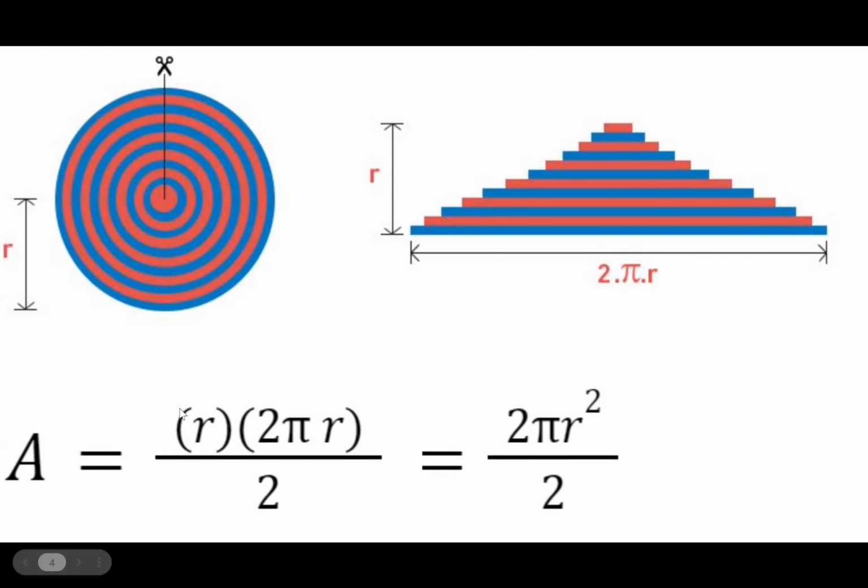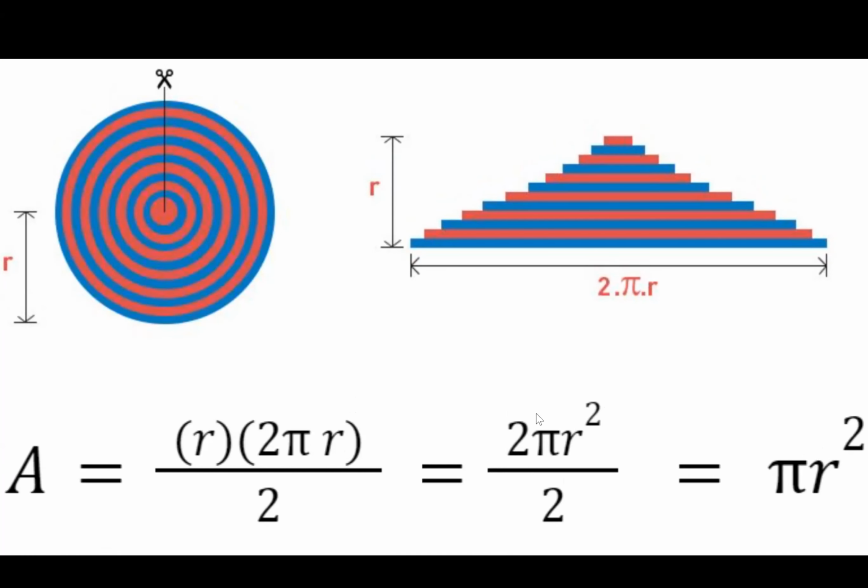The 2's cancel out, so my area of a circle is going to be pi radius squared.